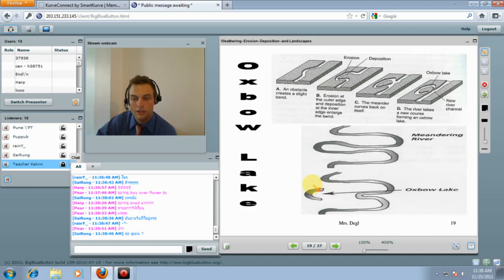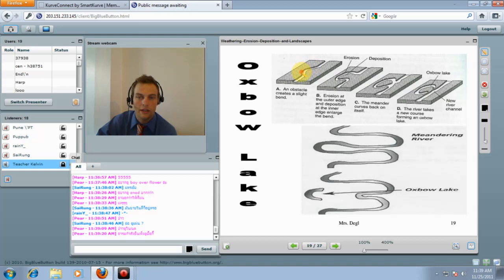So oxbow lakes, which are really interesting, are formed by streams that are curved. As you get a stream that's just a little curve like this, eventually the water's flowing faster on the outside, so it starts cutting away the outside of the curve, and it starts depositing sediment on the inside of the curve because the water's slowing down.